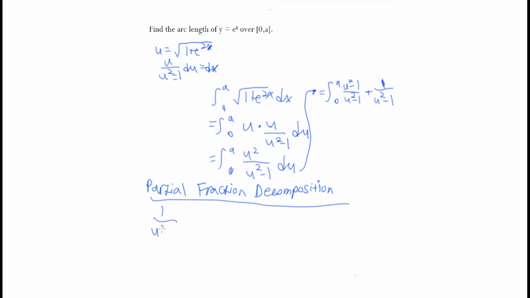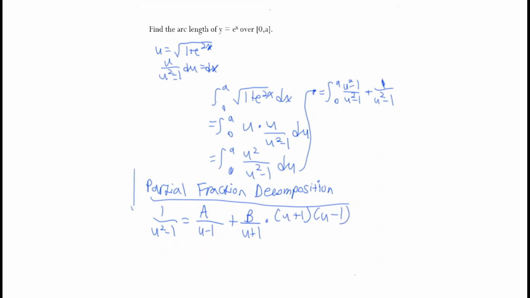So coming over to here, we express it as A plus B over some numbers, which will be the factors of u squared minus 1. So we break this down: u minus 1 and u plus 1 are the factors of u squared minus 1. Now we multiply both sides by u plus 1 and u minus 1, so that we have no fractions.